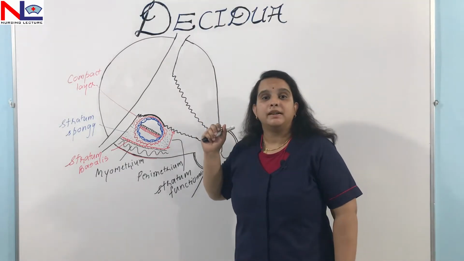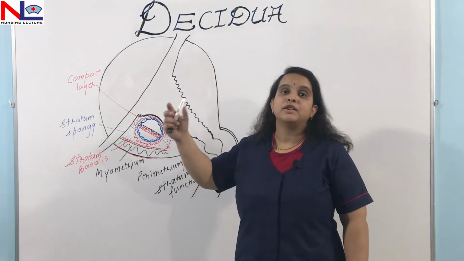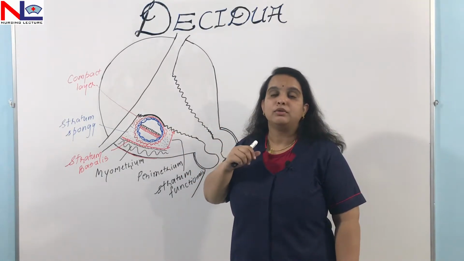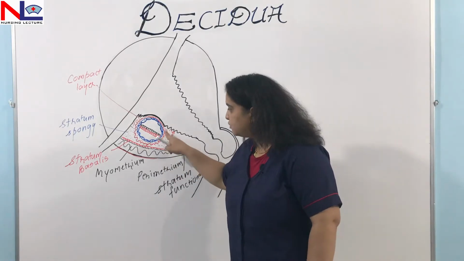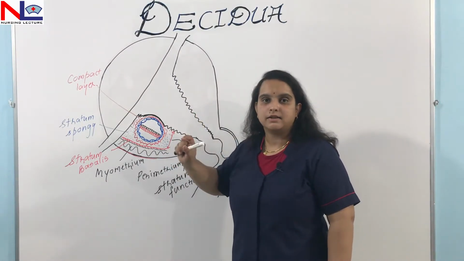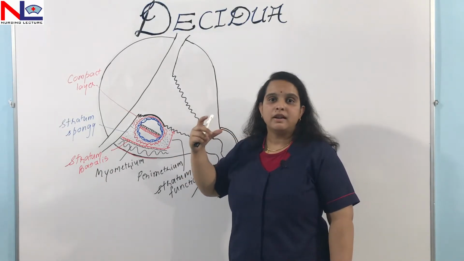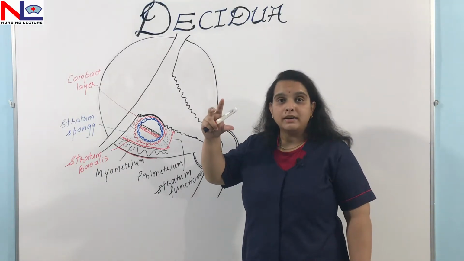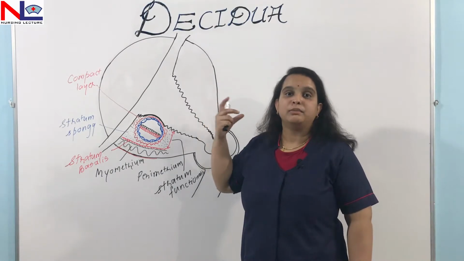But at the time of pregnancy, what is happening? The corpus luteum releases progesterone continuously because it is rescued by HCG, human chorionic gonadotropin, and that HCG is produced by the syncytiotrophoblastic cells. So the corpus luteum continuously releases progesterone, and this progesterone keeps the blood vessels open and stimulates more endometrial secretion from the glands.